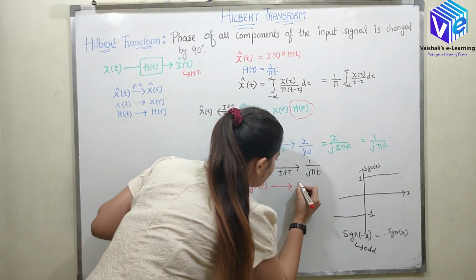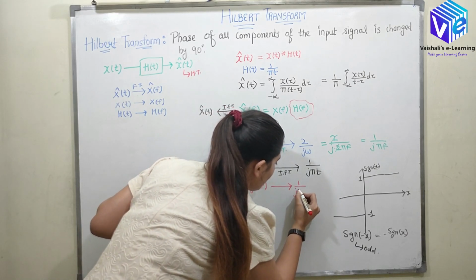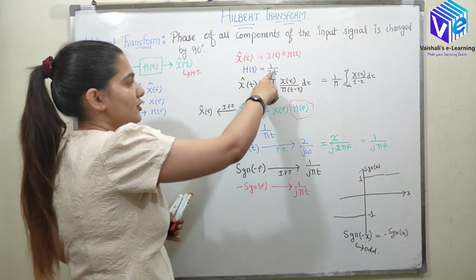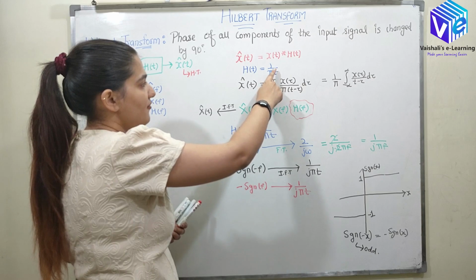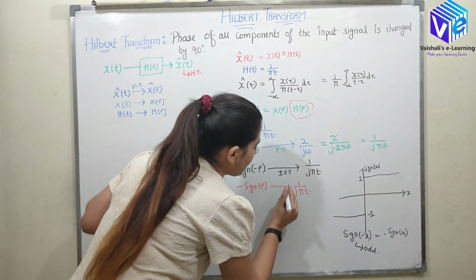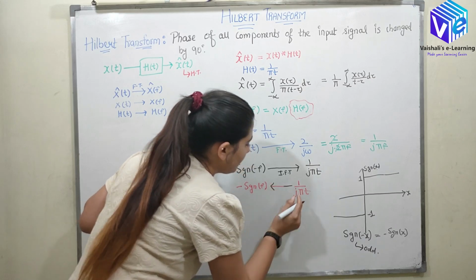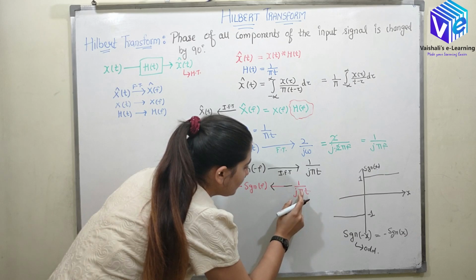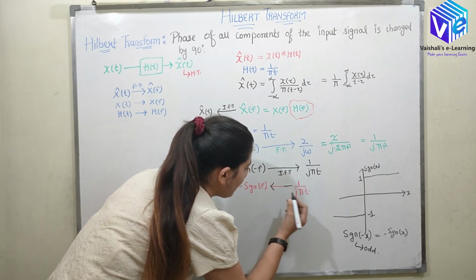It is the inverse Fourier transform of 1 upon j pi t. I need to find the Fourier transform of 1 upon pi t. What will I do?